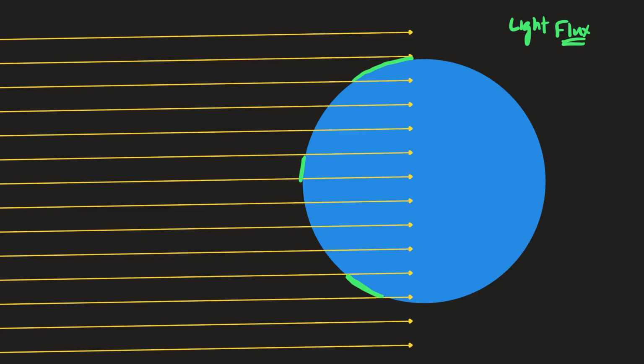And again, a flux tries to count how much of your thing is incident or passing through an area. So the energy flux near the equator is greater than the energy flux near the poles because there's more light per square meter at the equator than there is at the poles. Is that making sense so far? Yes.